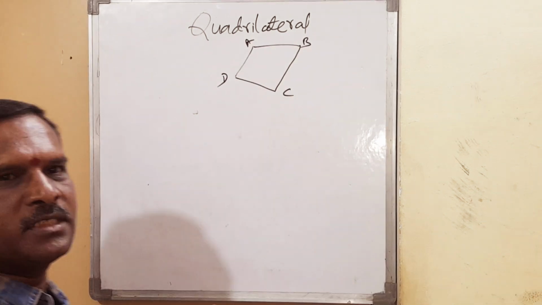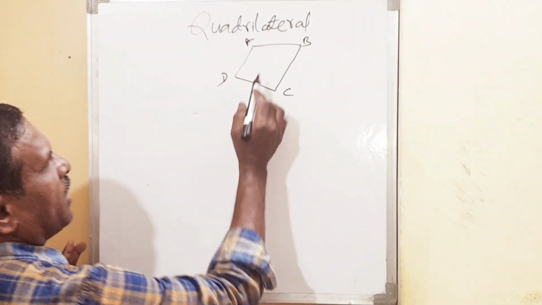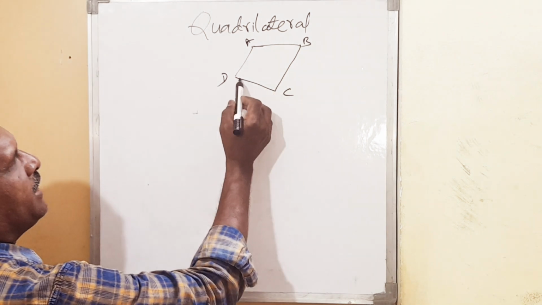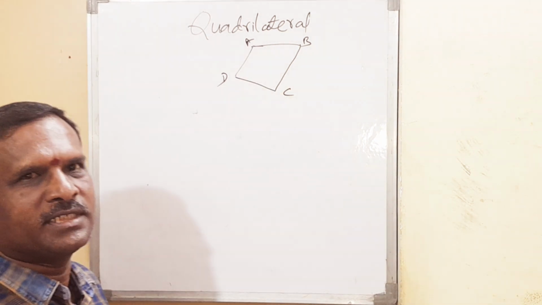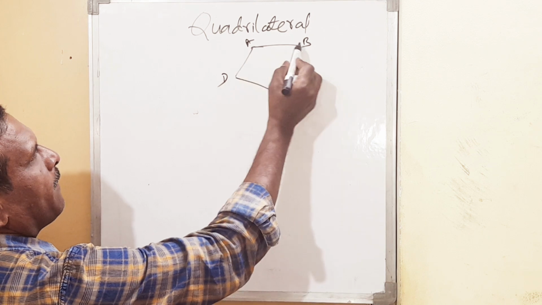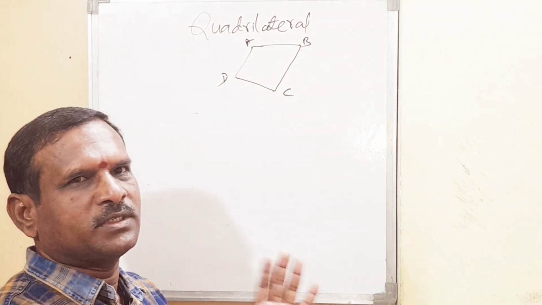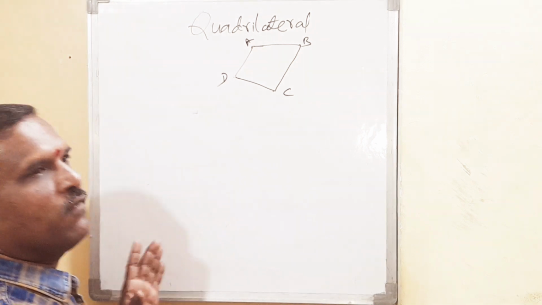So here, what are the parts of a quadrilateral? A quadrilateral has four sides. Here if you see AB, BC, CD and AD, these are the four sides, and A, B, C, D are the vertices. Four sides, four vertices and four angles.